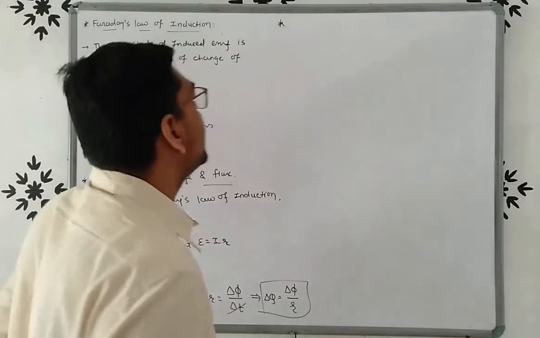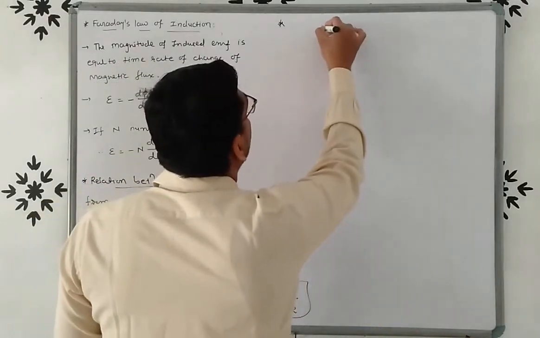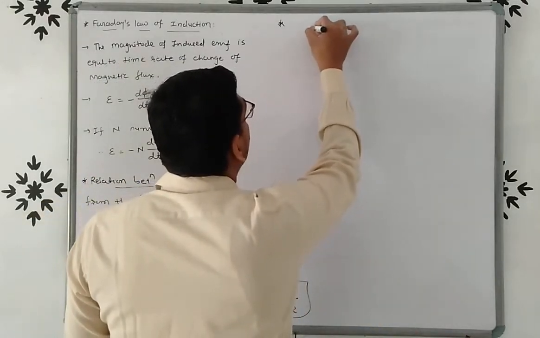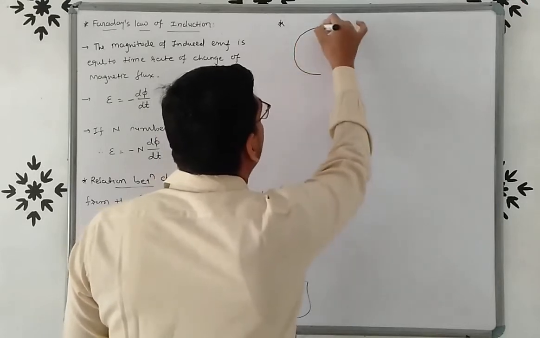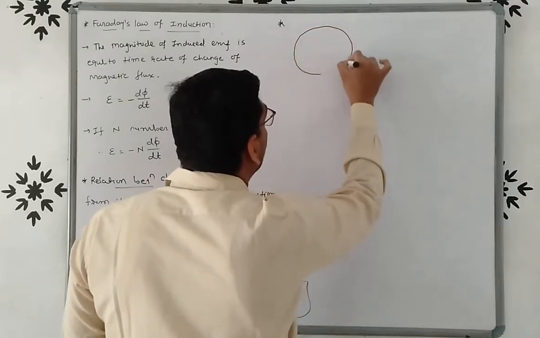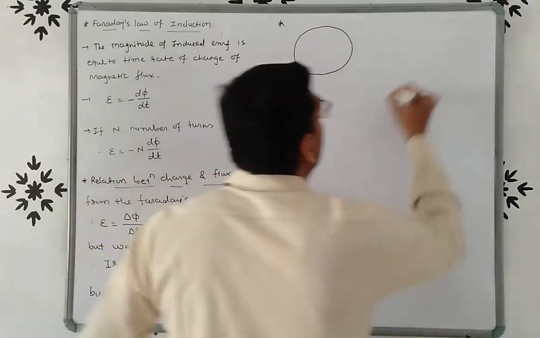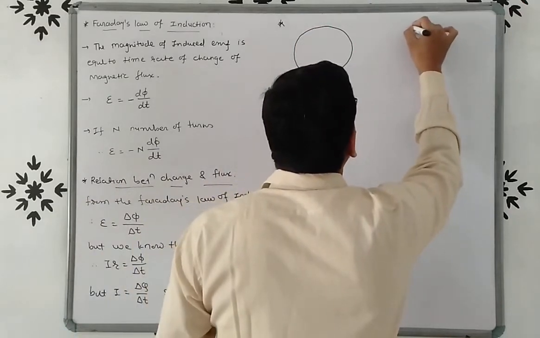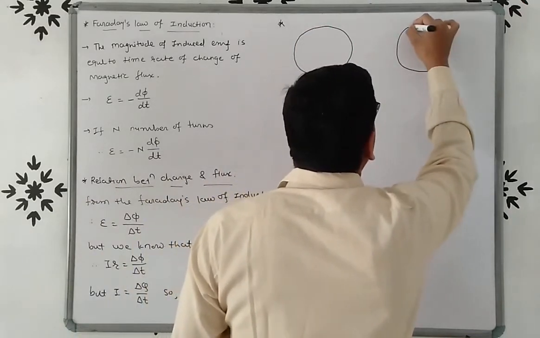Now consider, friends, this is one circular coil like this, and this is another circular coil like this.